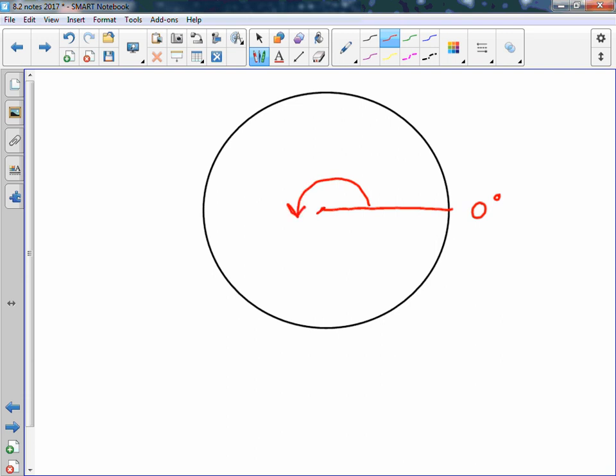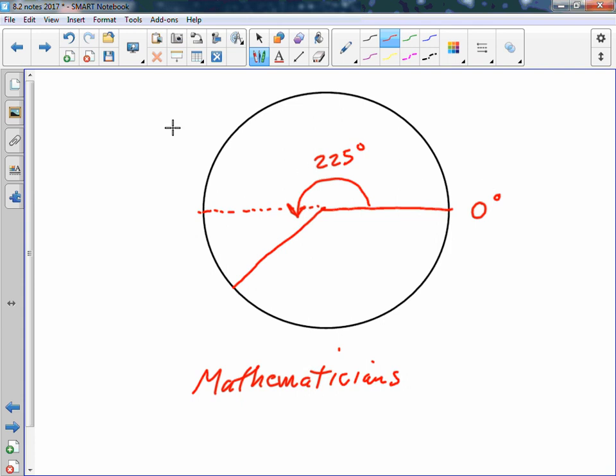In other words, an angle such as this might be 225 degrees. And this is what mathematicians do. And it's a wonderful system.